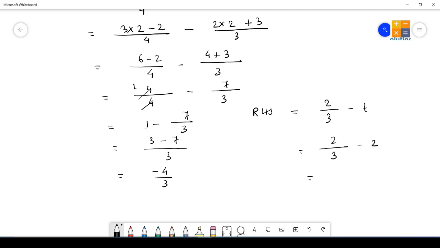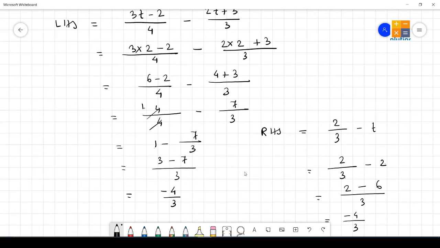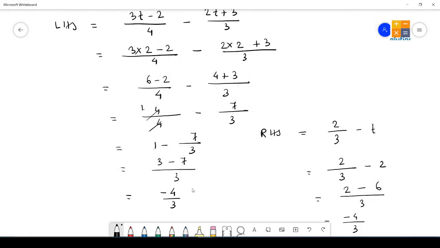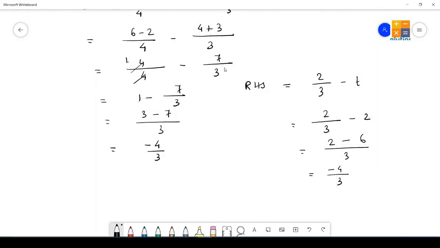So after this, I am going to take the LCM. LCM is 3. Then after 2 minus 2 3s, it is 6. And the result comes as minus 4 by 3. So it is very clear that from the LHS I am getting minus 4 by 3, while on the RHS also I am getting minus 4 by 3.